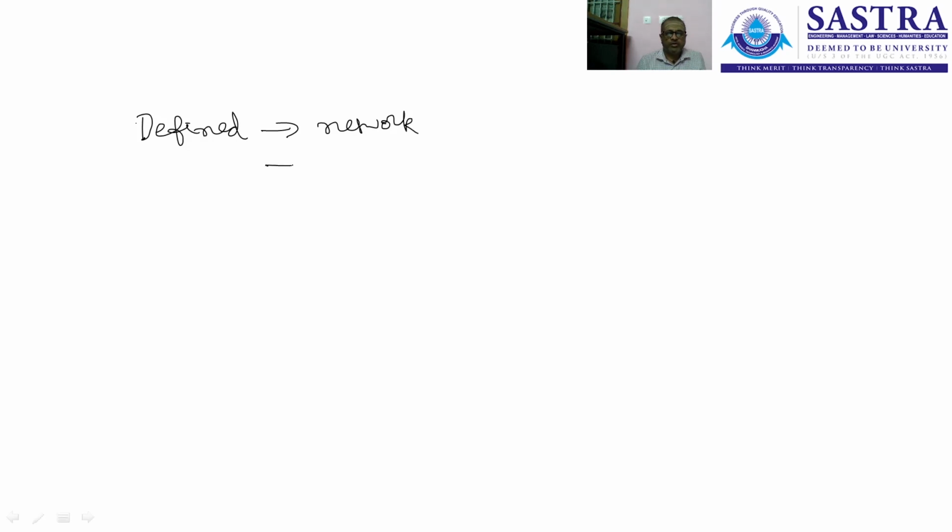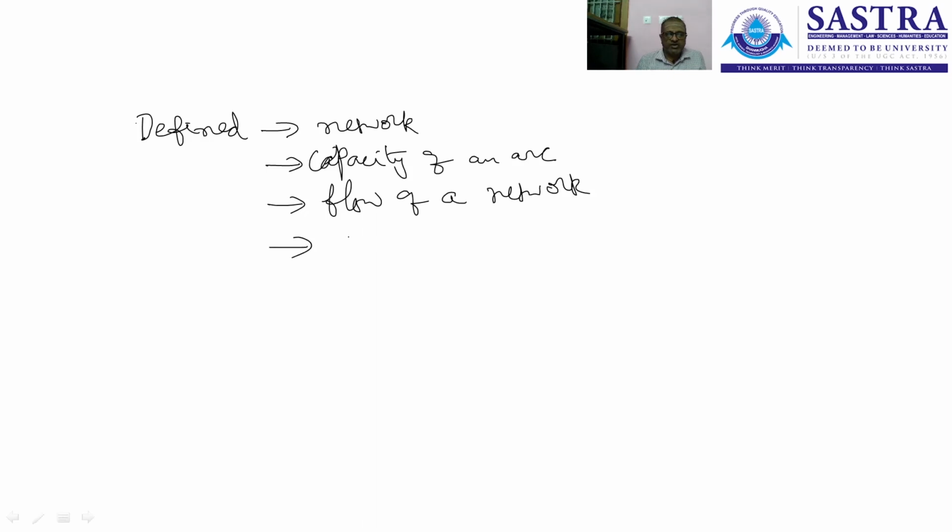Okay, then you had defined what is meant by a capacity of an arc. Then you had defined what is meant by a flow of a network, and then after that we had defined what is the value of a network, that is the sum of all the flows.